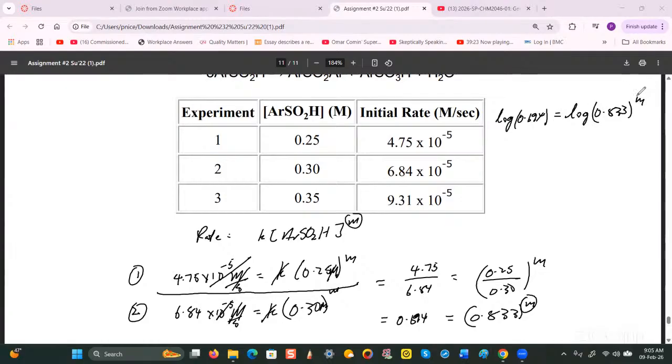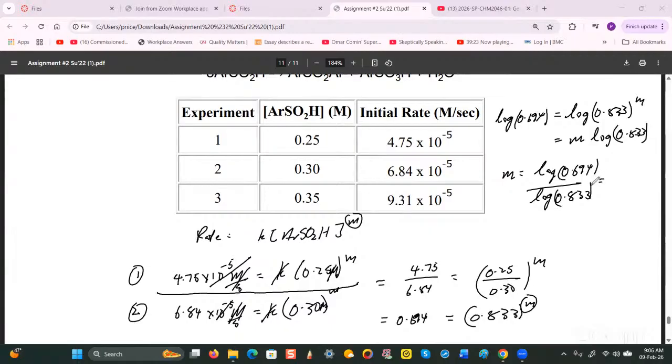And then I would bring this M down here. So that would be equal to M log of 0.833. And then I would solve for M, which would be log of 0.694 divided by log of 0.833.